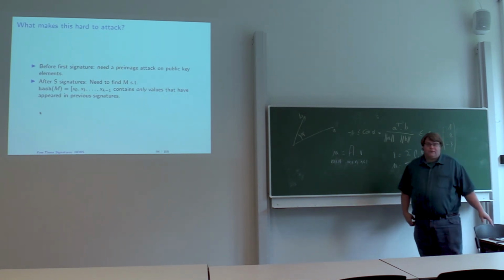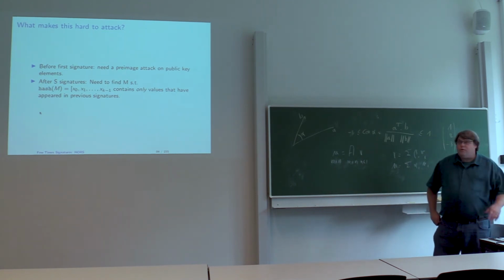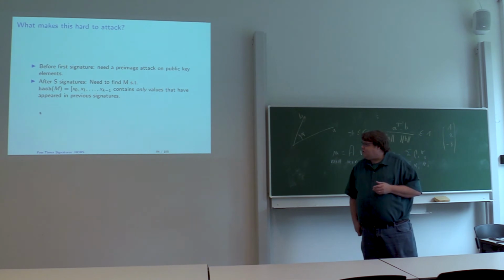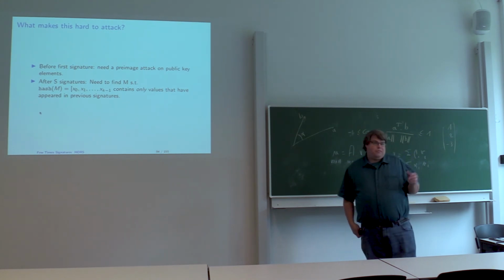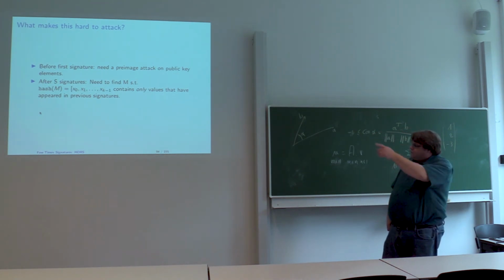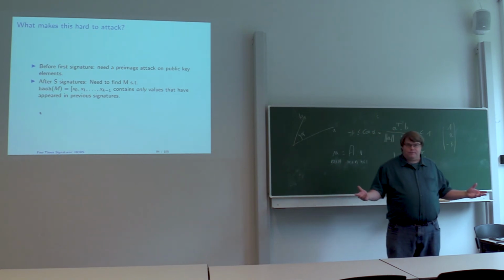So before the first signature, obviously, we're back to preimage attacks. But afterwards, we're in this interesting case where the best attacks we can do are, there's a preimage attack, which we're just never going to be able to win. And then there's this thing where we have to wait around until enough values come out. Okay.